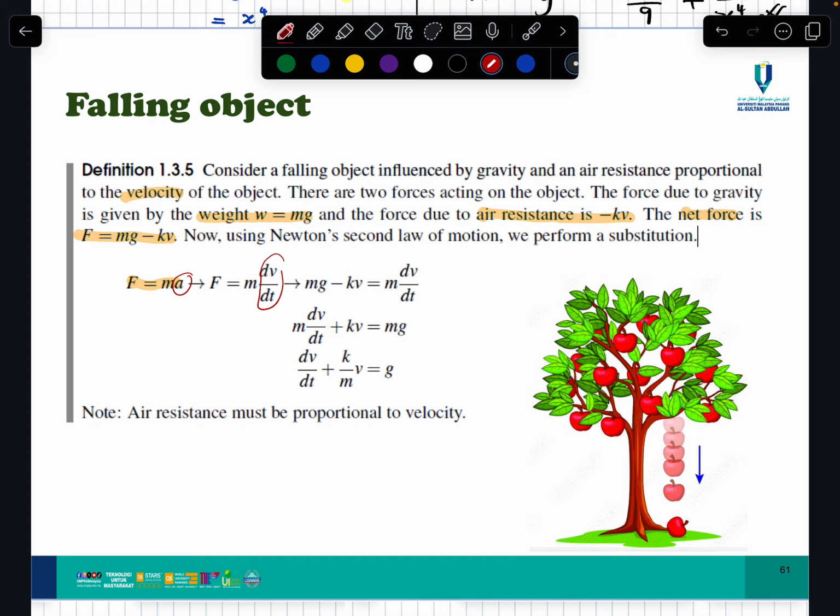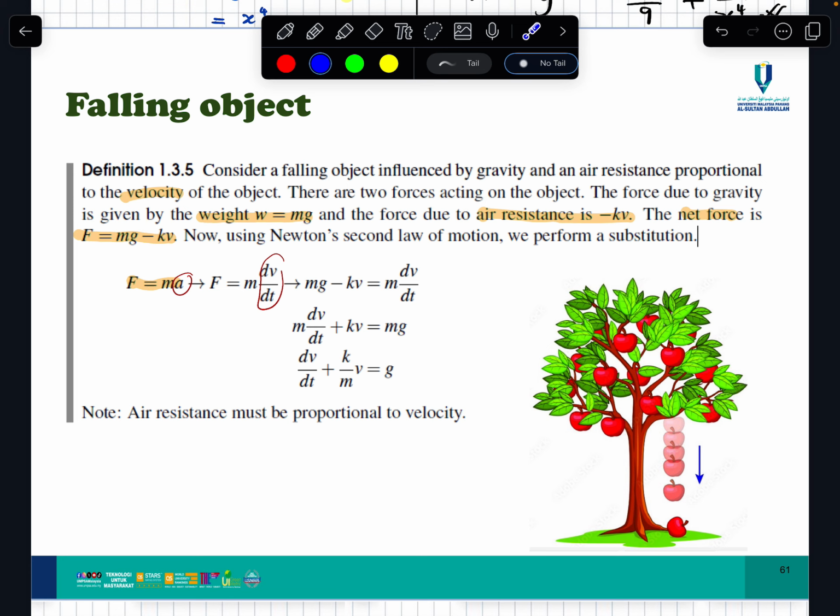So we substitute into the force equation. So we get mg minus kv for F, and then the right hand side m dv/dt, like this.